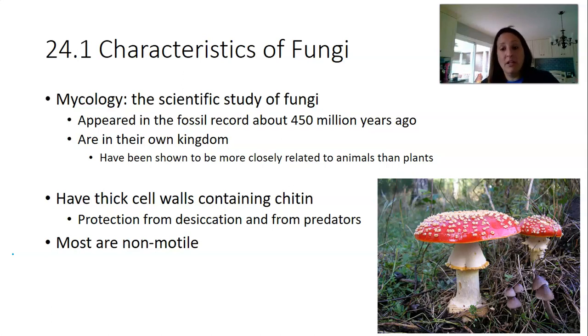In fact, chitin is the same material that we find in the exoskeletons of organisms that belong to the kingdom Animalia. So again, more animal-like than plant-like. They have thick cell walls containing a structural polysaccharide called chitin, and that same polysaccharide is found in exoskeletons of some animals.